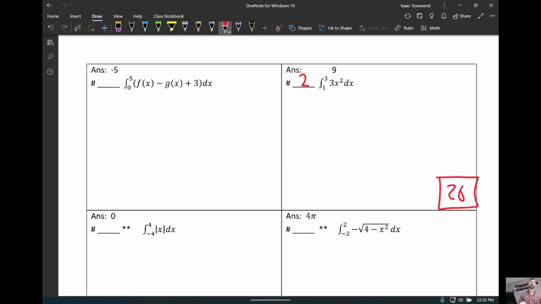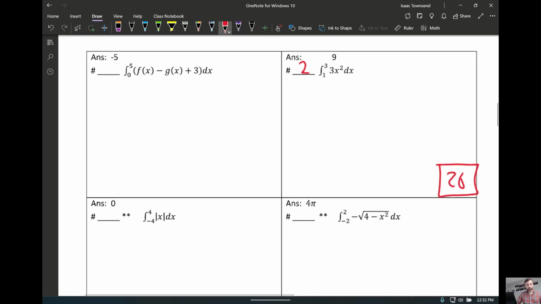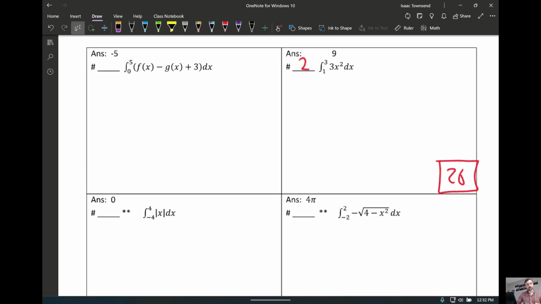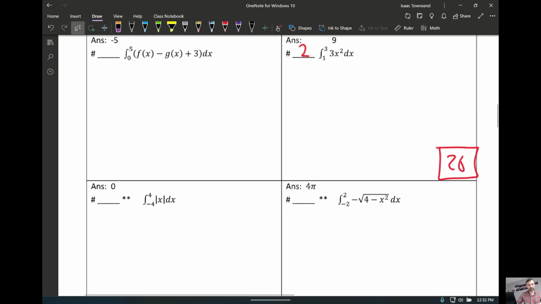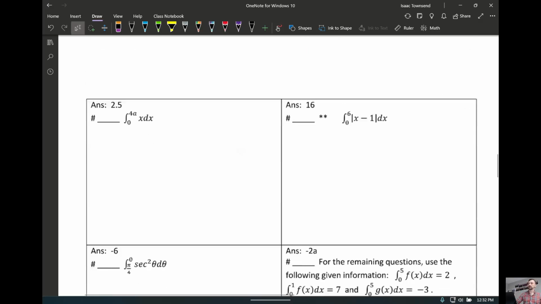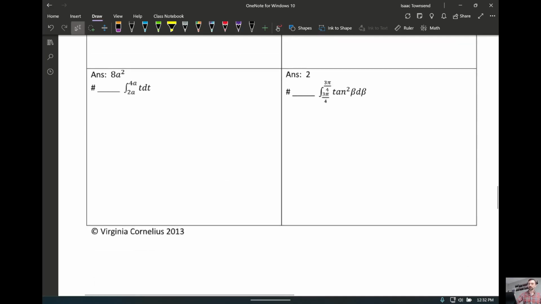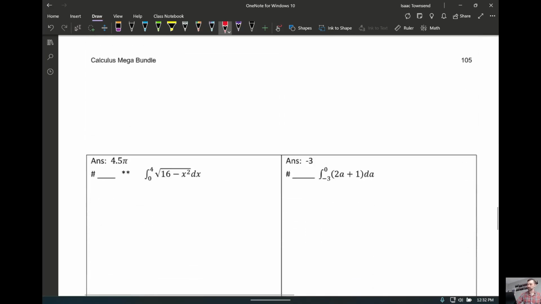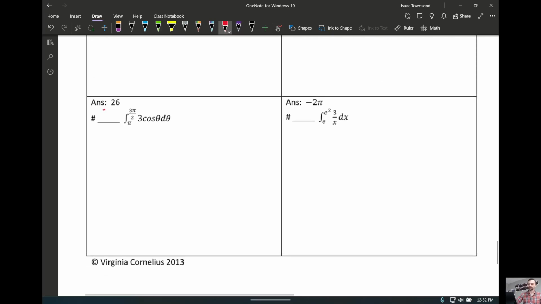I'm going to just share the first few, and then any of those you struggled with, I'll go back and answer. So 26. Okay, and the bottom of the back page was box 3.